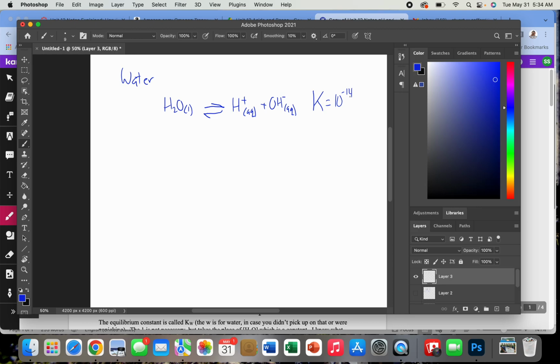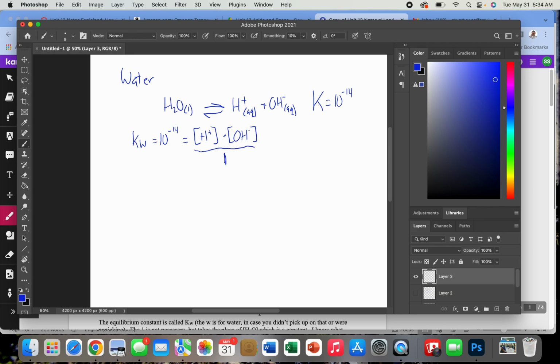Now, we call it, by the way, Kw because we're cool that way. And so Kw is equal to 10 to the negative 14th, and it is also equal to the concentration of H plus ion times the concentration of OH minus ion, all over 1. And why do we put it over 1?